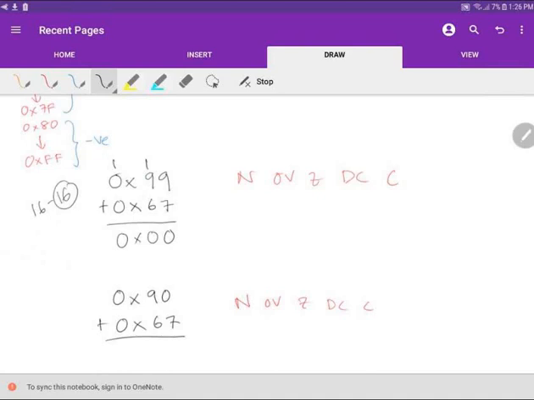So based on this answer, let us determine the status register. Is the answer negative? Definitely the answer is not negative. Do we have overflow? This 9 is negative.